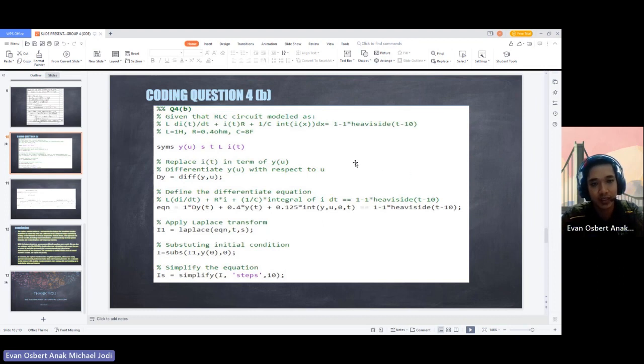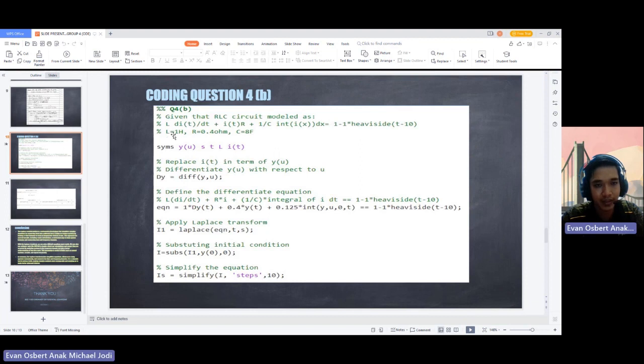As you see, this is the coding for question 4b. Given the RLC circuit model: L di(t)/dt + i(t)R + (1/C)∫i(x)dx = 1 - 1 × Heaviside(t - 10).